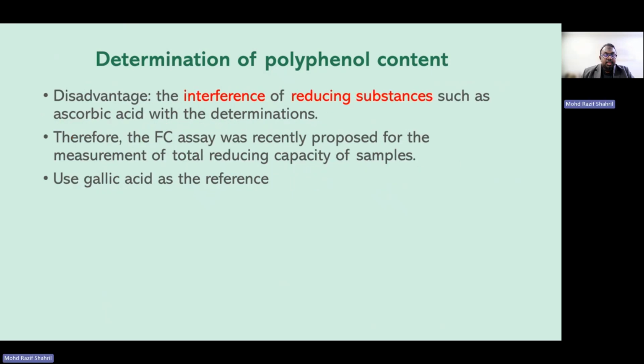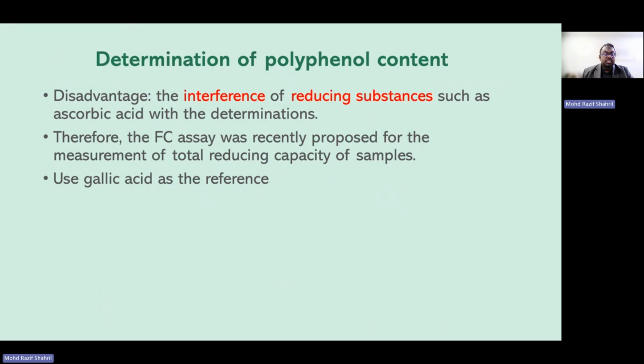However, you must be aware of its limitations. The FC reagent is not perfectly specific. It detects all phenolic groups found in your extracts, including those bound to extractable proteins. So the major disadvantage of this assay is the interference from other reducing substances.